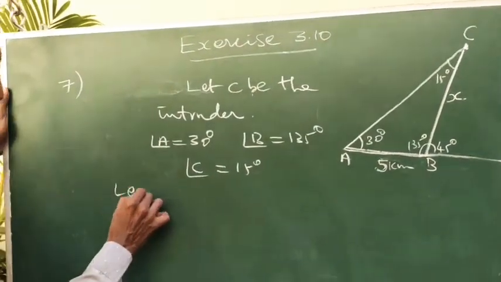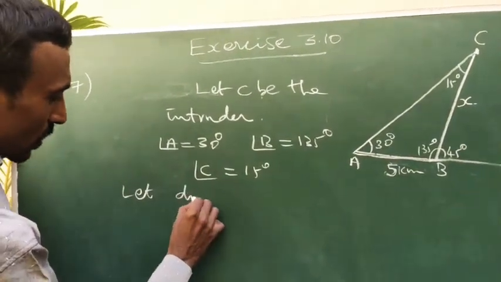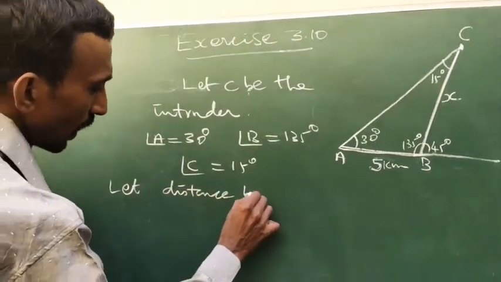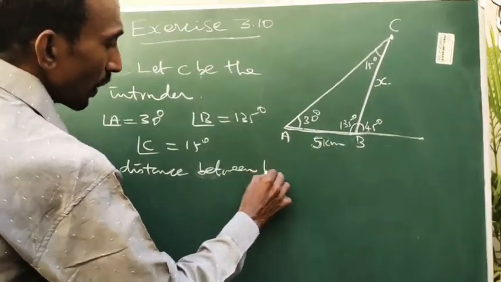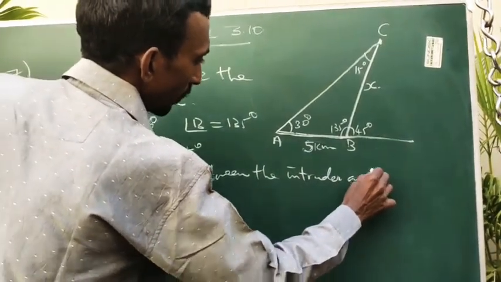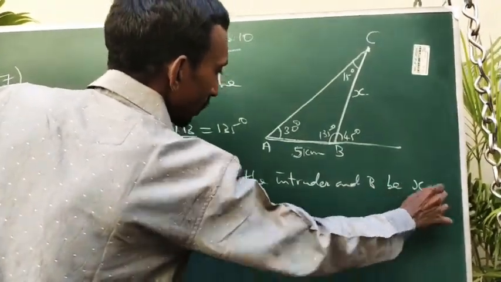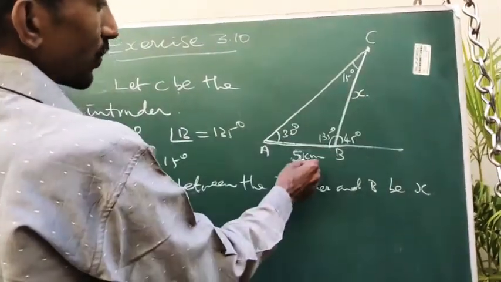Let the distance between the intruder and B be X. We are taking that. So it is X and this is 5.